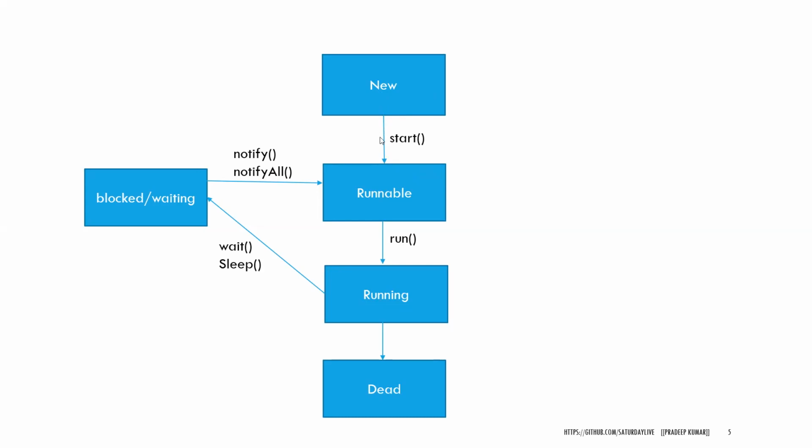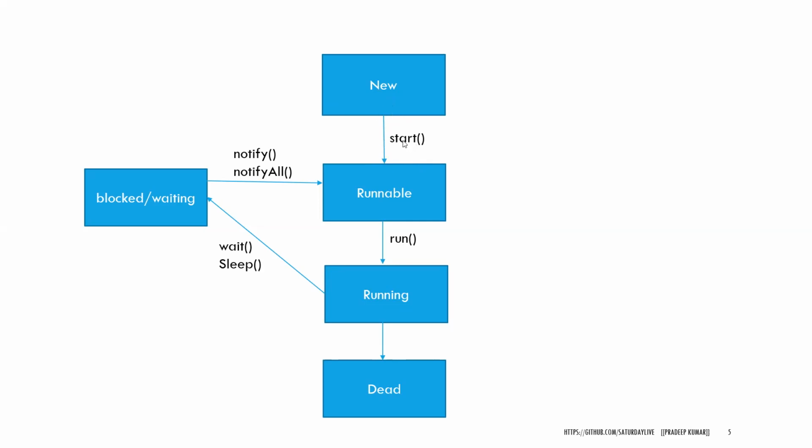Within the main thread, if we want to spawn another child thread, we first create an instance of the Thread object. Once we have created the object, the moment we call the start method, that is when the JVM actually spawns a new thread. Then two threads will be running in parallel: one will be the main thread, and the other will be the new thread that we create.